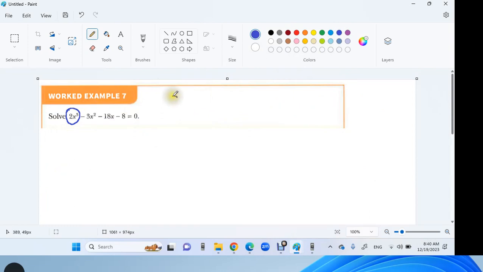So the root can be a factor of 8. We have plus minus 1, plus minus 2, plus minus 4, and plus minus 8. And because the a is 2, the x also can be plus minus 1 over 2 and plus minus 2 over 2. That is plus minus 1.